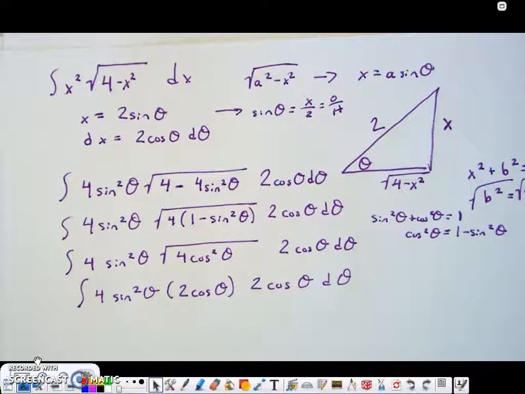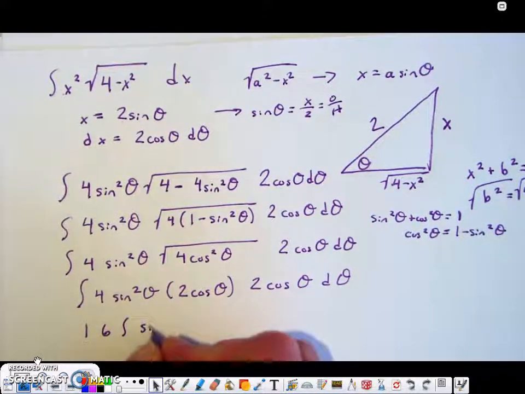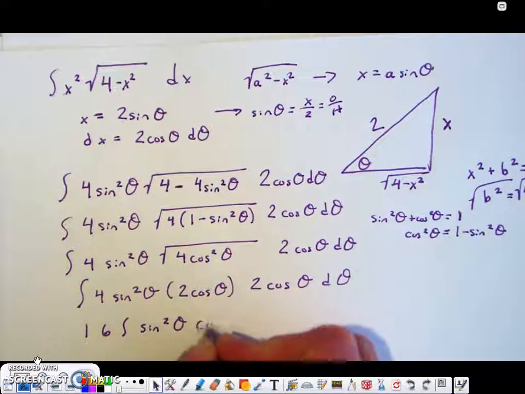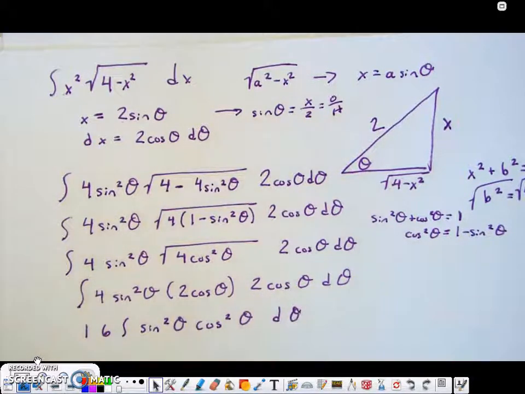Okay, so what I'm going to do now is take out all my constants, so the 4 and the 2 and the 2. So 16. And then we have sine squared theta cosine squared theta d theta.